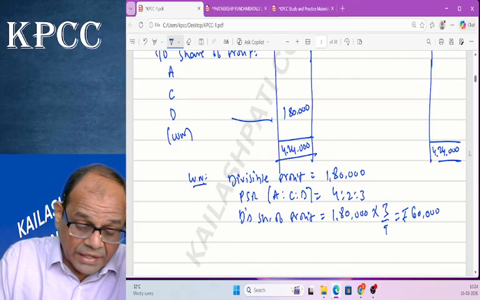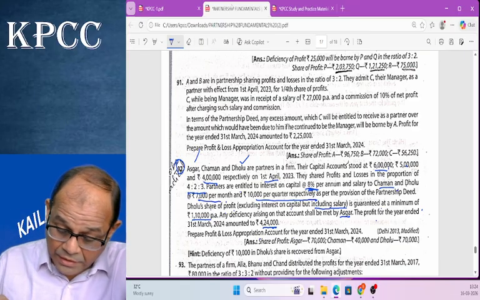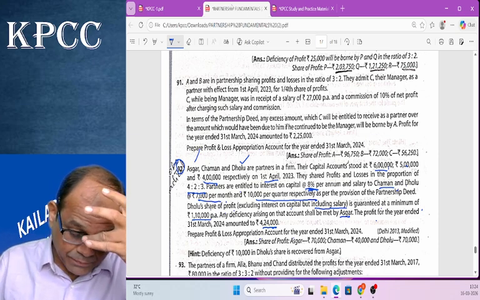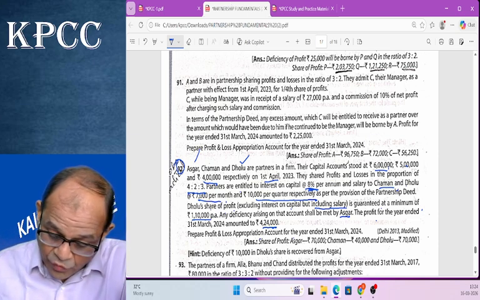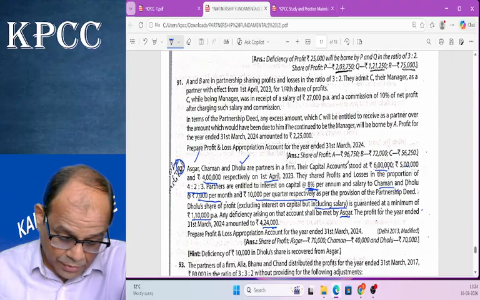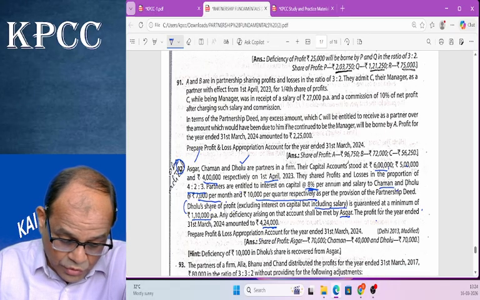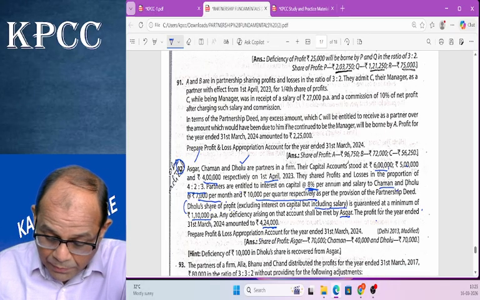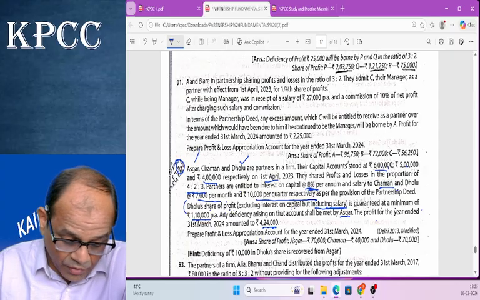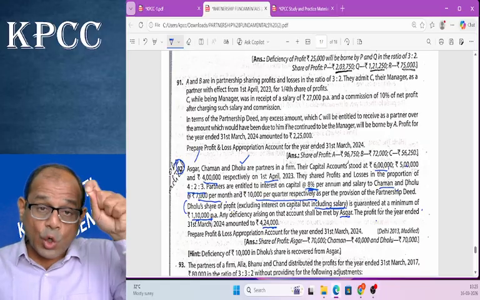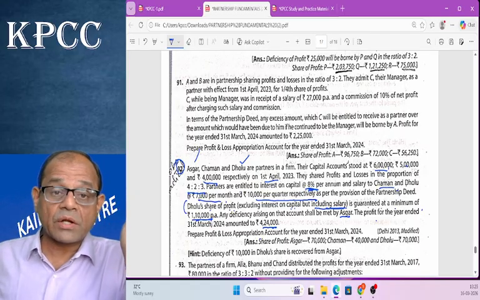Now where is the guaranteed amount? Dolu's share of profit, excluding interest on capital but including salary, is guaranteed at a minimum of 1,10,000. So including his salary, he should get 1,10,000.